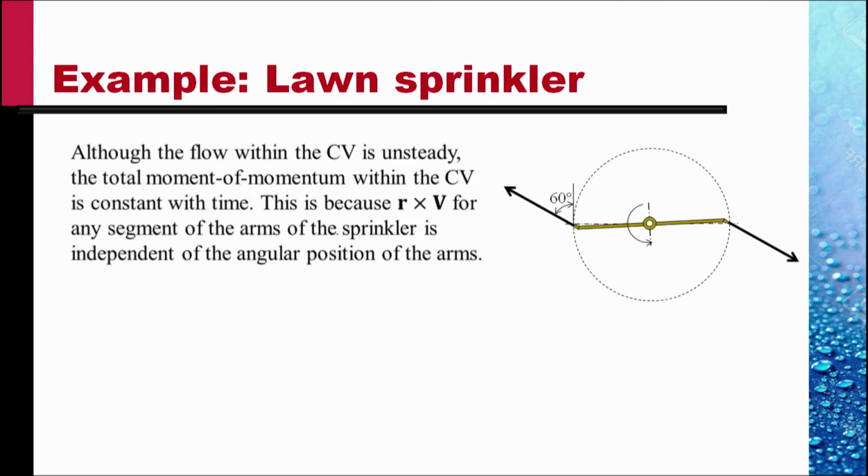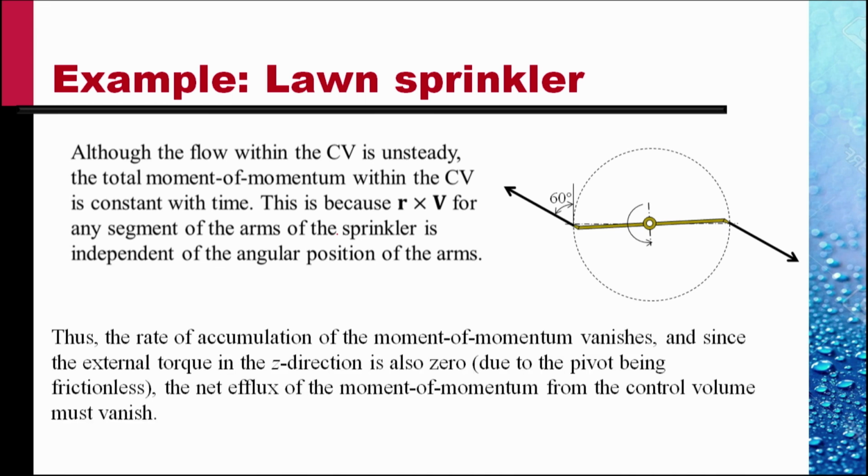Although the flow within the control volume is unsteady, the total moment of momentum within the control volume is constant with time. This is because R cross V for any segment of the arm of the sprinkler is independent of the angular position of the arm. Whatever angular position, the value of R cross V is the same. And so, angular momentum does not change with time.